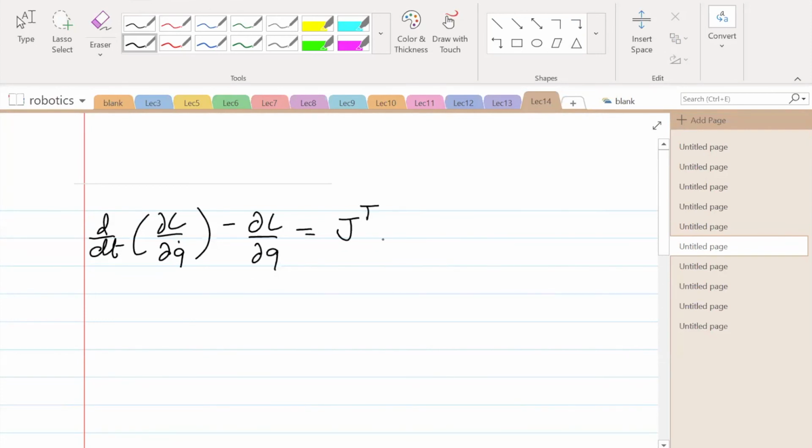This is the Jacobian transpose of C1 times the force at C1, plus the Jacobian of C2 times the force at C2.